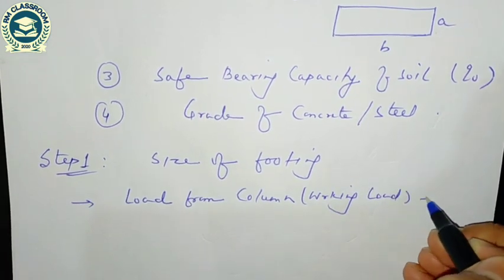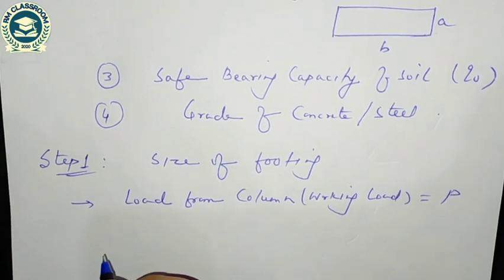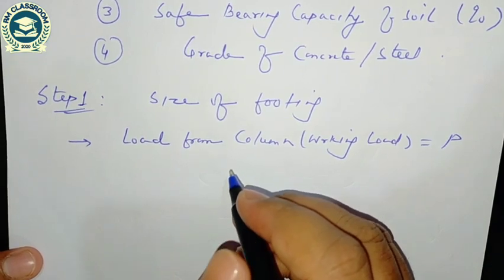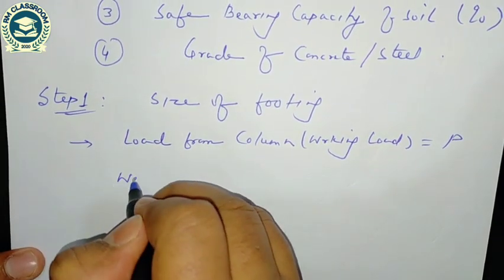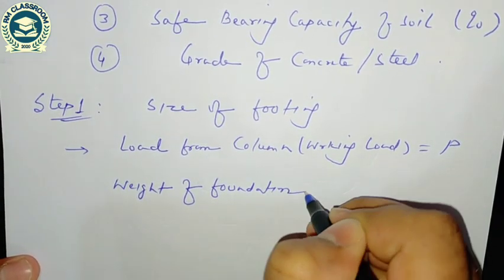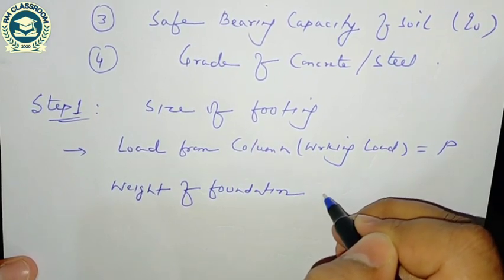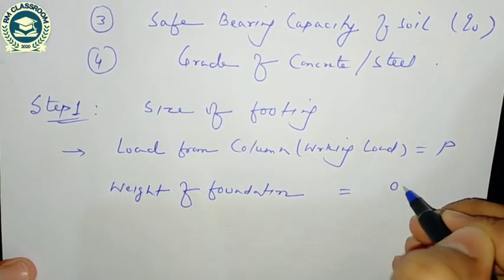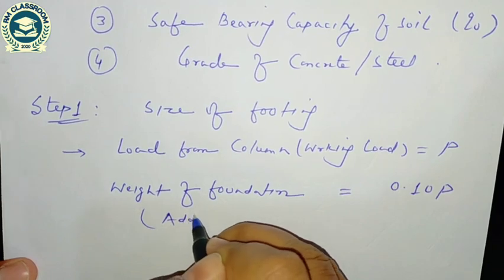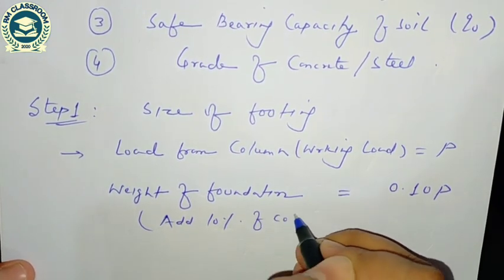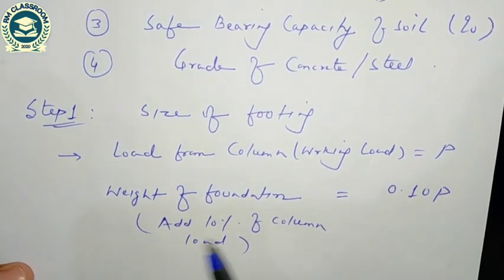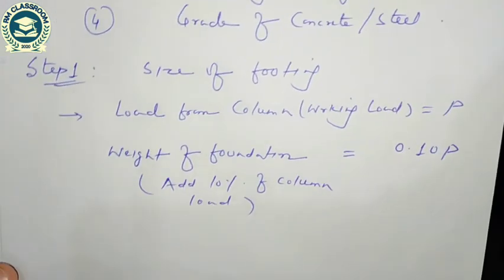Working load is equal to P, and add the weight of foundation, which is taken as 10% of the column load, 0.1 P. You have to take 10% unless another percentage is given in the question.